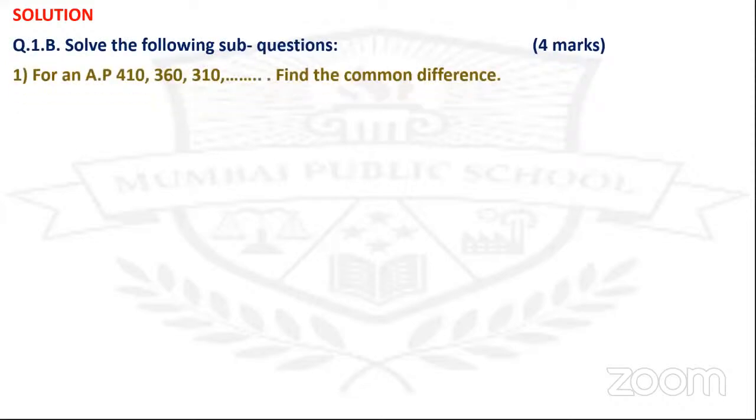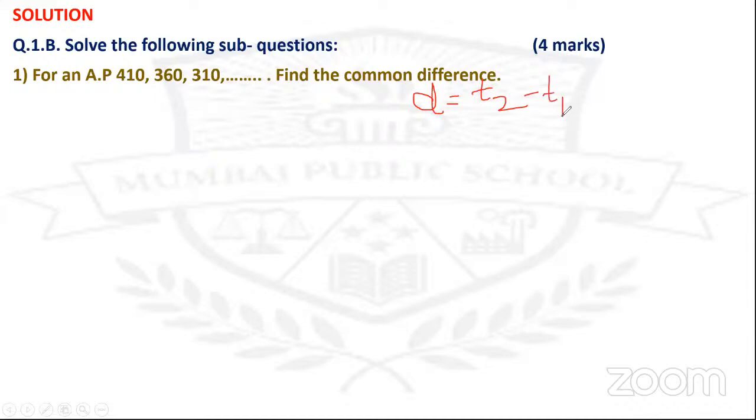For an AP, 410, 360, 310. Find the common difference. Check. Very simple. What is the formula of common difference? Understand? What is the formula of common difference? Formula of common difference is D, which is T2 minus T1.